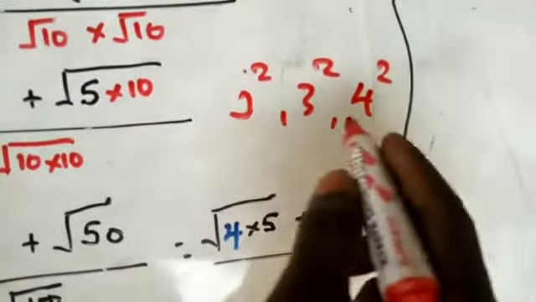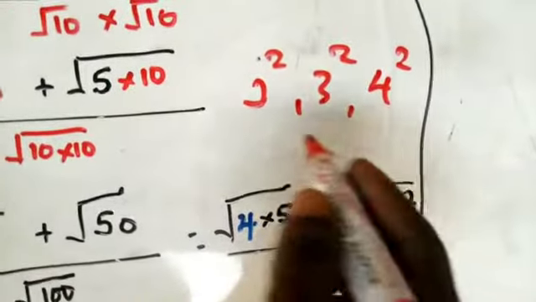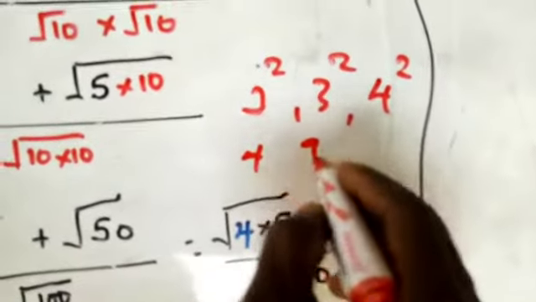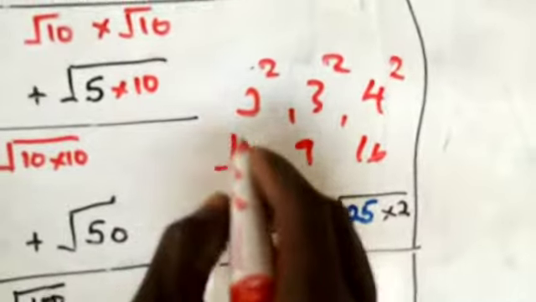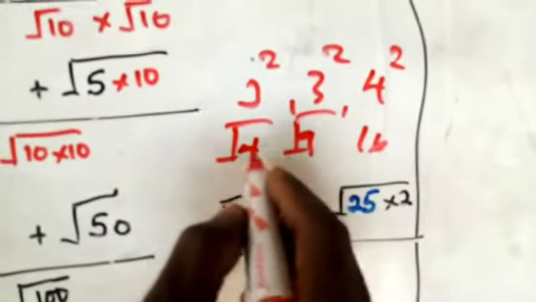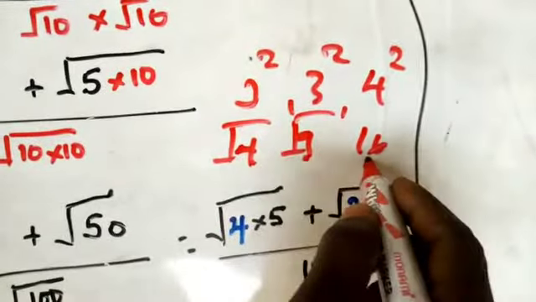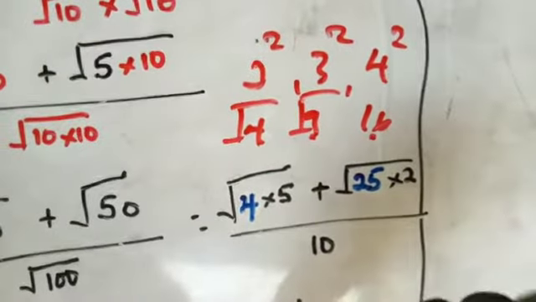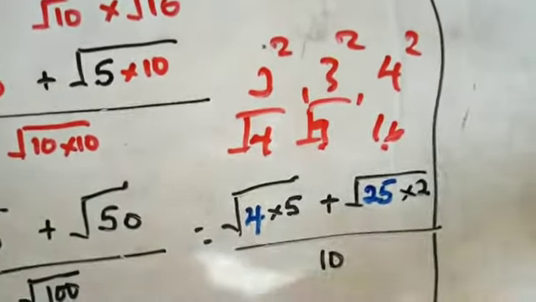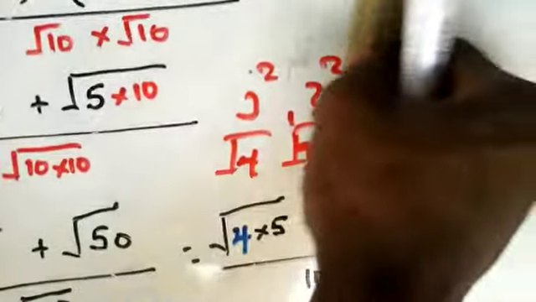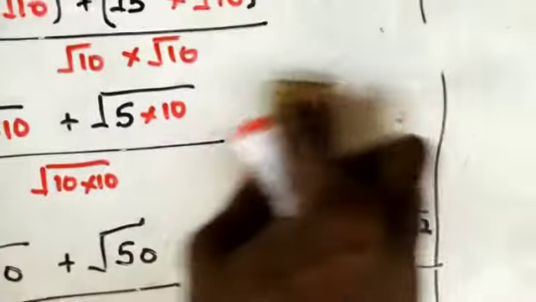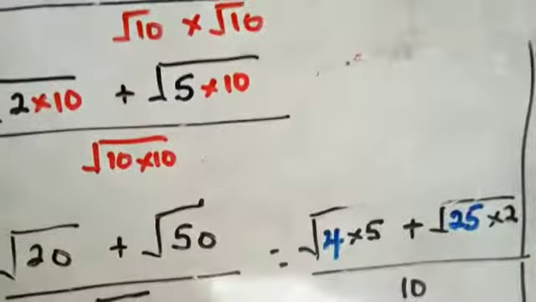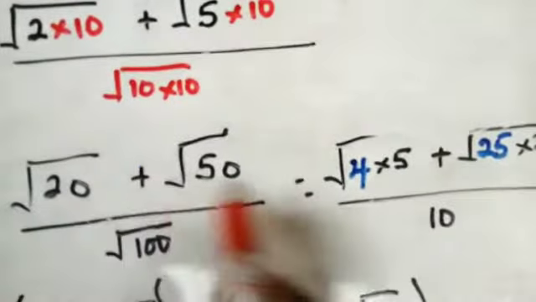These are perfect numbers. When I take the square root of them, I get 2, 3, 4, and so on. So when it comes to surds, what you have to do is look for the highest perfect number. The highest perfect number out of 20 is 4.